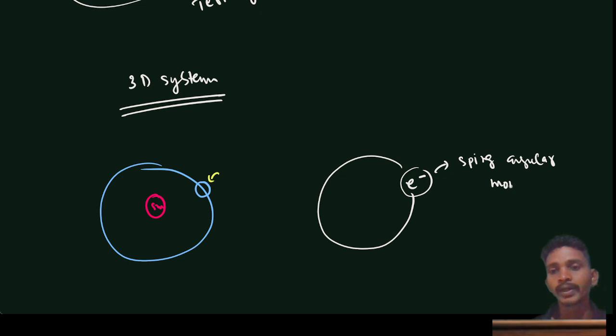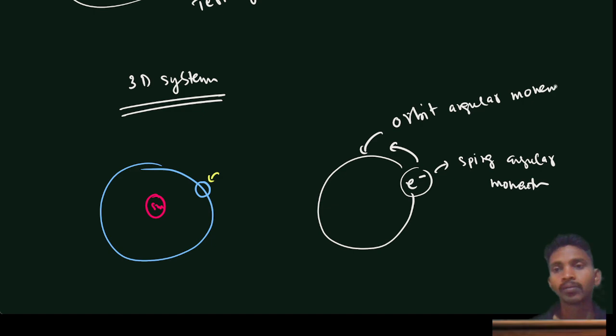When it rotates around the orbit, it creates another angular momentum, that is orbit angular momentum.